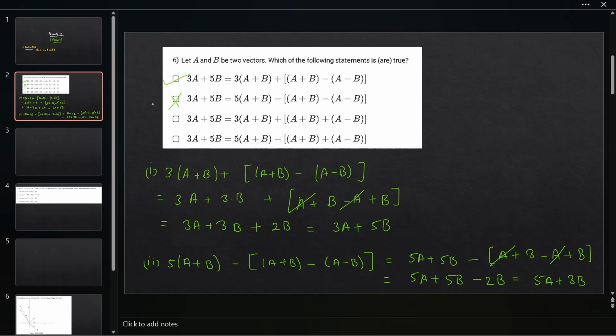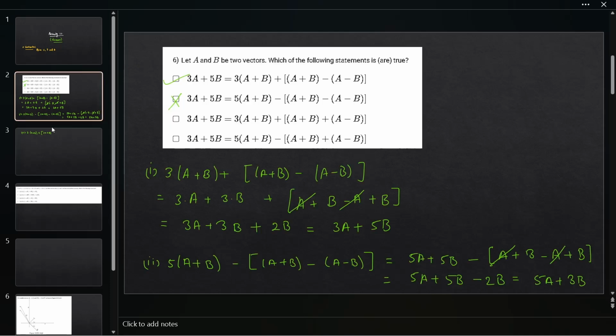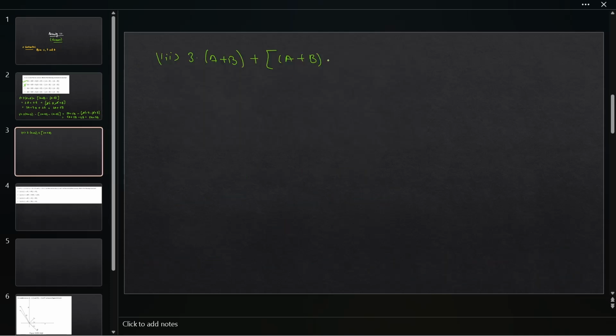Okay, moving on to option 3. In option 3, we have 3 times (A plus B) plus (A plus B) plus (A minus B).